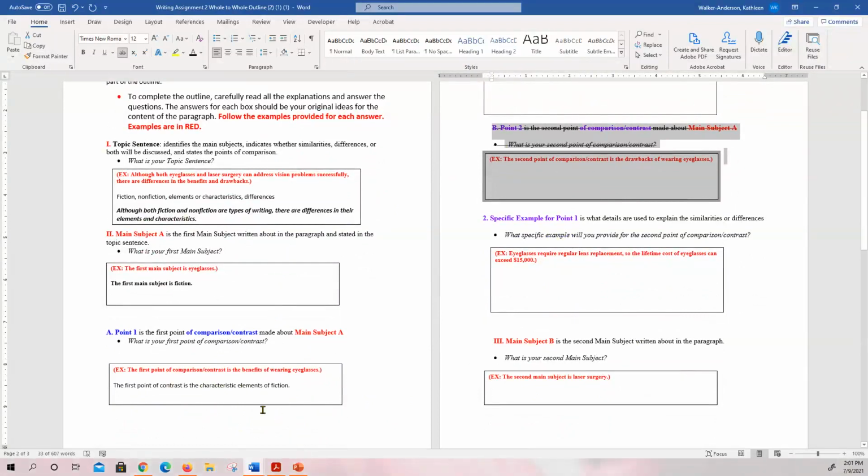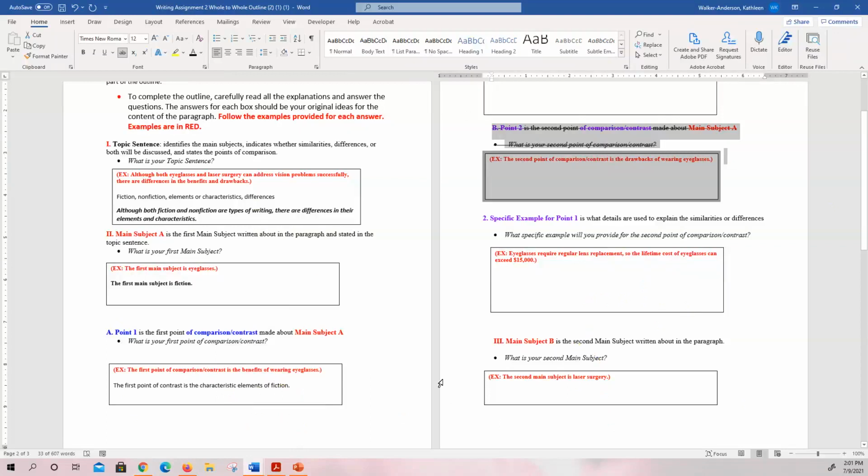If I'm talking about the elements or characteristics of fiction, then I have to talk about the same thing for nonfiction. I can't do characteristics of fiction and then the different types of stories that are written, the different types of essays for nonfiction. You can't have two different points of comparison or contrast. They have to be the same.